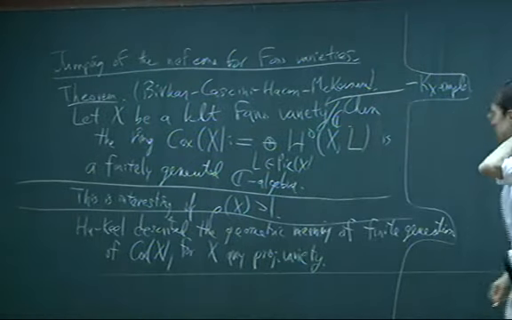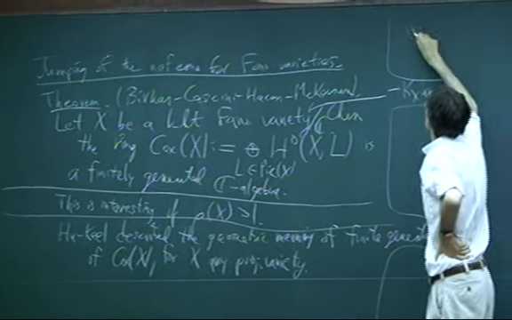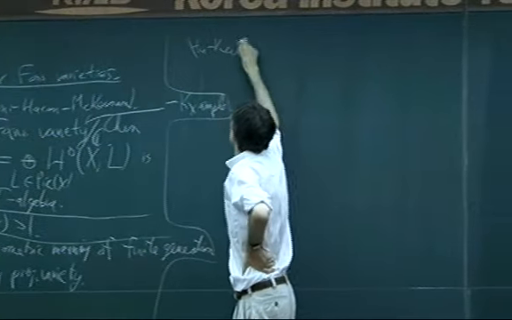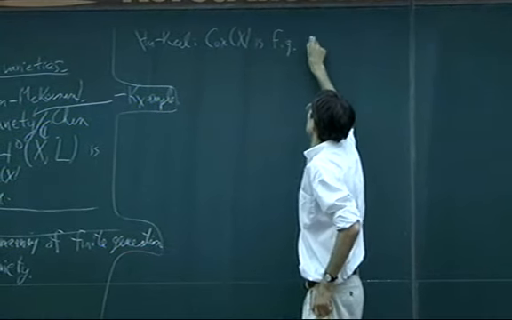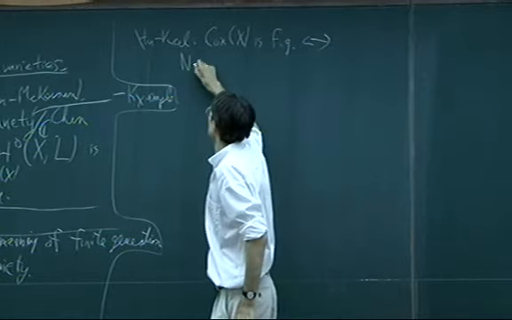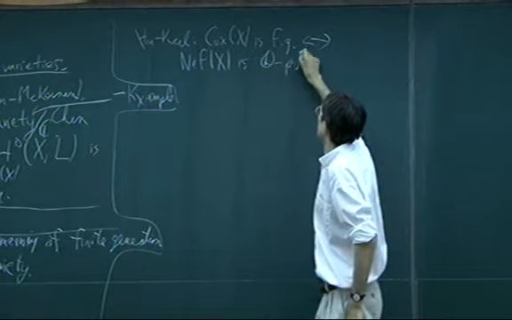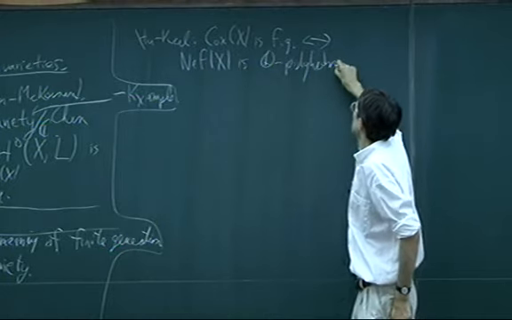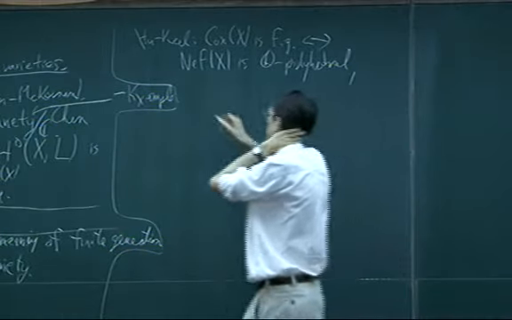So it's kind of a long equivalence. Hu and Keel showed the Cox ring is finitely generated if and only if the nef cone of X is rational polyhedral, and nef is equal to semi-ample.